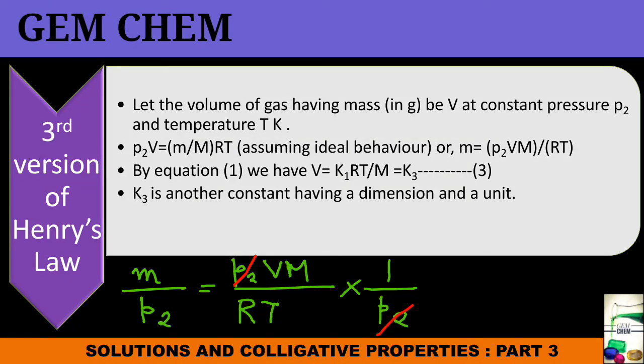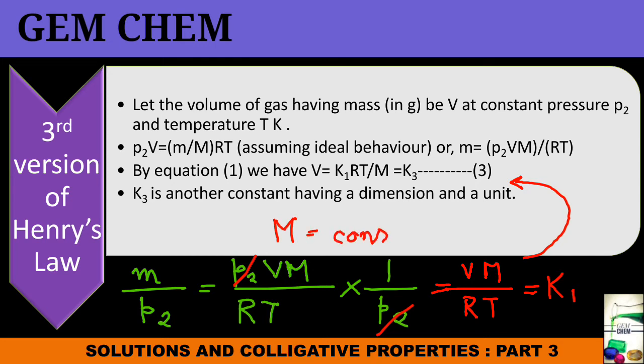So ultimately we get Vm by RT equals K1, and on further working we get this one, and the value of M, that is molar mass, is also constant for a gas. So ultimately the total thing becomes a constant which is taken as K3, and K3 is another constant having a dimension and a unit, right?